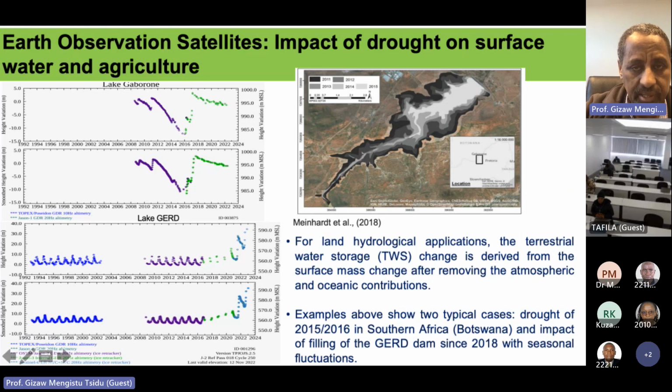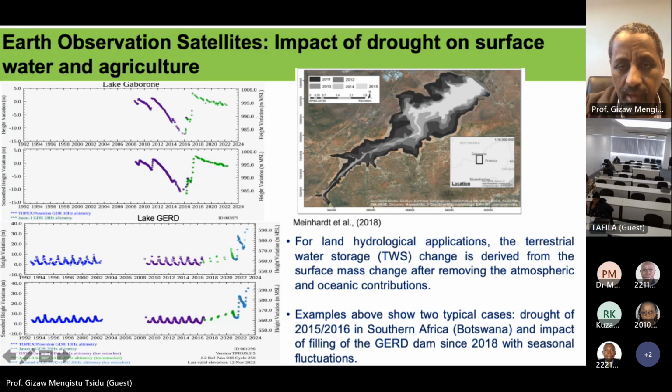So for GRACE, for instance, for your region, the best example is the drought of 2015-16. And this is the Gaborone Dam in Botswana, which supplies much of the water for Gaborone City.